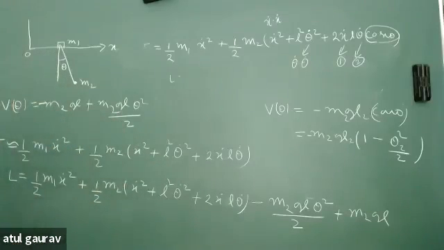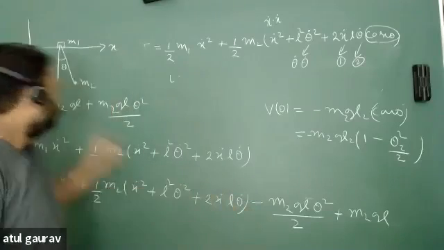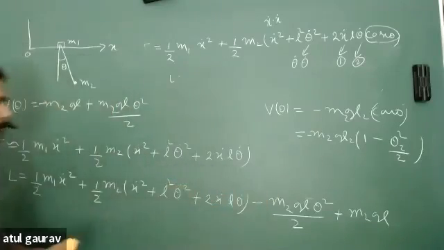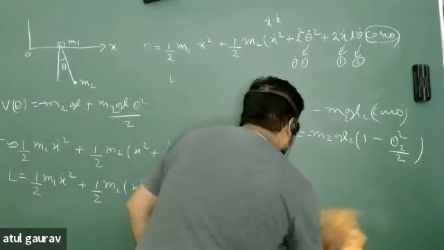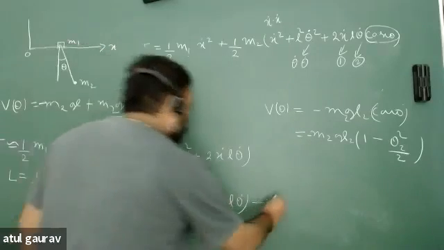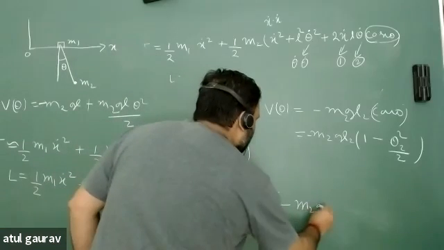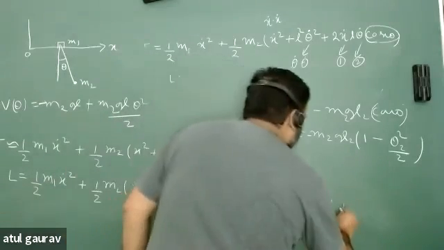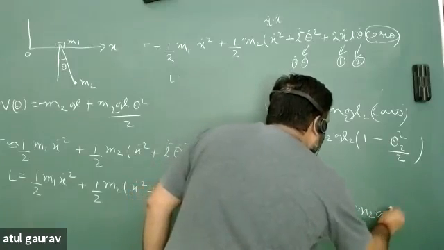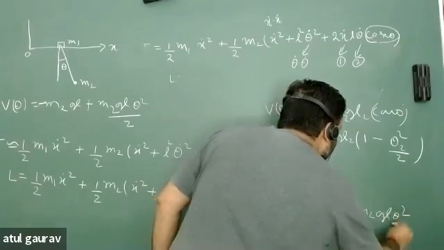This is the potential energy. So this will become minus and this will become plus: minus M2 g L plus M2 g L theta square by 2.